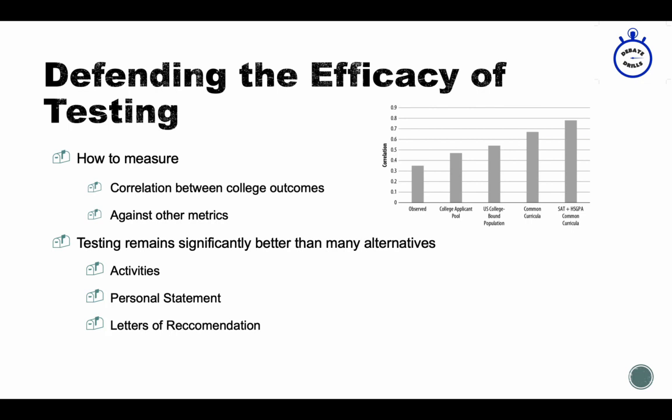Some people may have larger external pressures at home and in other areas that mean it's necessary for them to focus on schoolwork. In fact, activities can often be a much stronger indicator of affluence than something like the SAT because they're not standardized, and often people can even fake activities, as we saw in things like the college admission scandal.